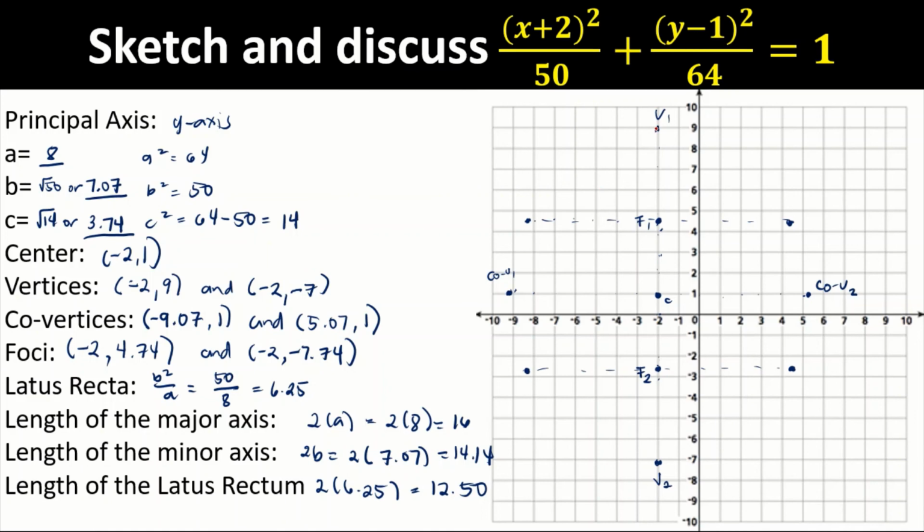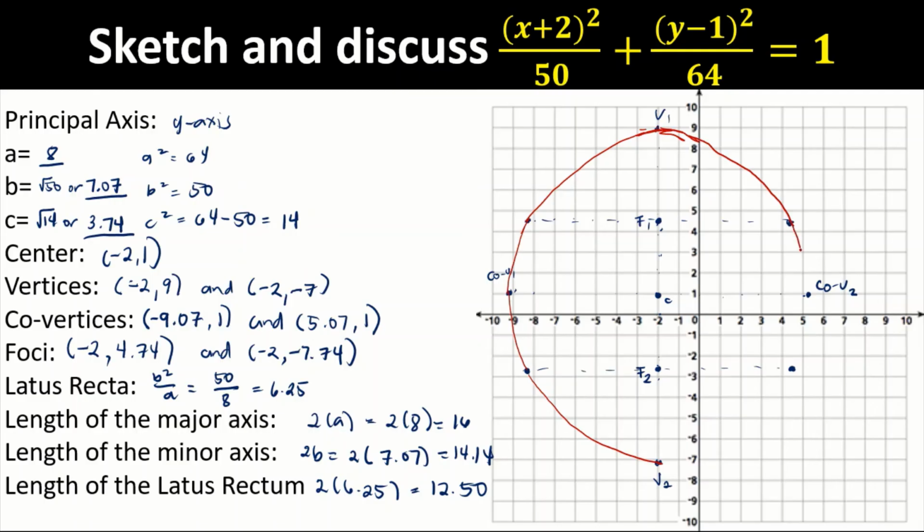Okay, so we have here, starting at the vertices, kailangan smooth yan. Okay, and then dadaan sa ating endpoints ng latus rectum. Okay, and then this is our co-vertices. Okay, makapag-form tayo ng ellipse. Okay, so dapat wala tayong makitang kanto dyan.